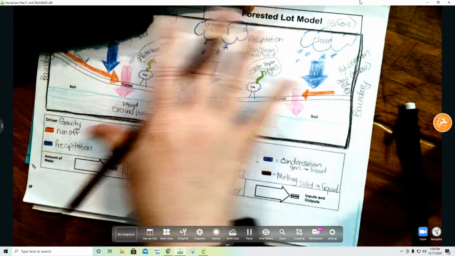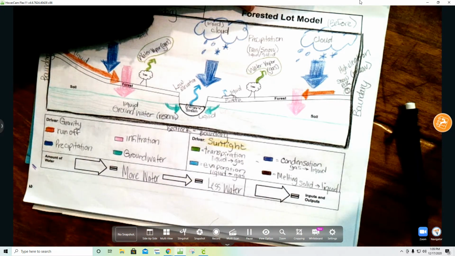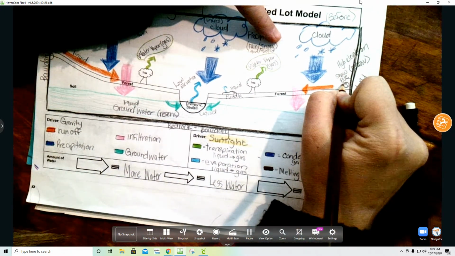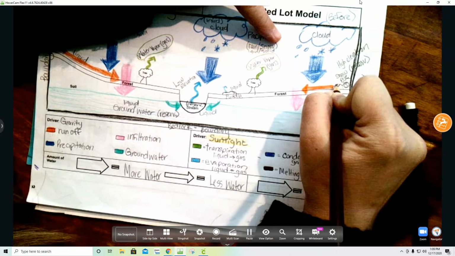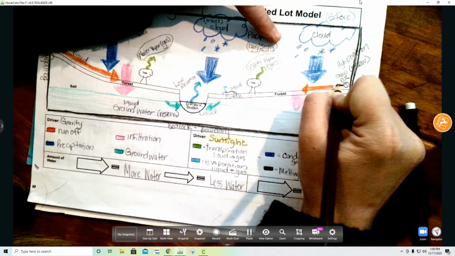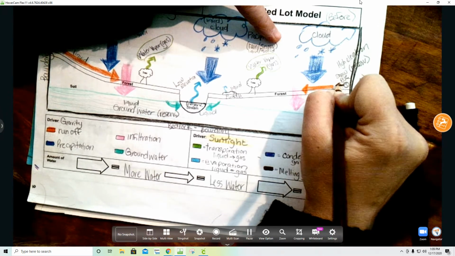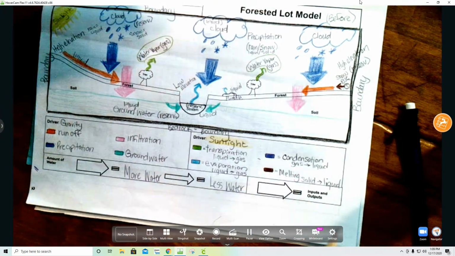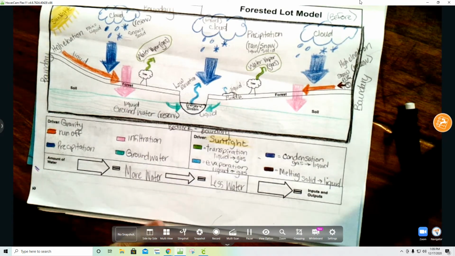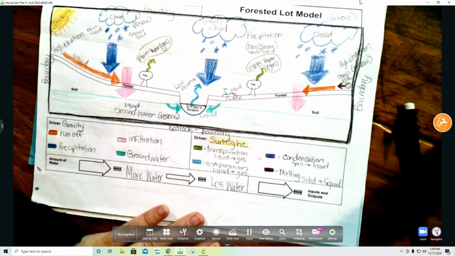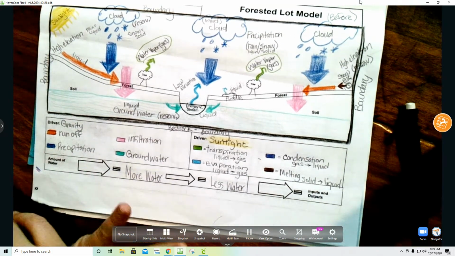We don't want to clog our whole entire model trying to show snow melting. So we just have it in this one little spot. This one little spot represents, actually, I'm going to do a little straight arrow here. This one little spot represents every seasonal change, every time we have solid snow melting into a liquid.